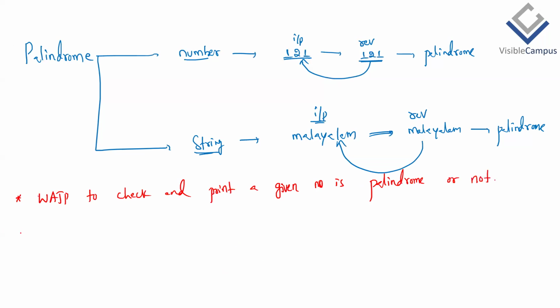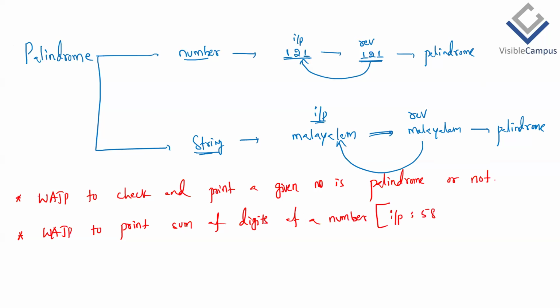Then based on the reverse of a number program, one more question is, write a Java program to print sum of digits of a number. What's the meaning of this one? For example, if input is 587, then what should be the output?